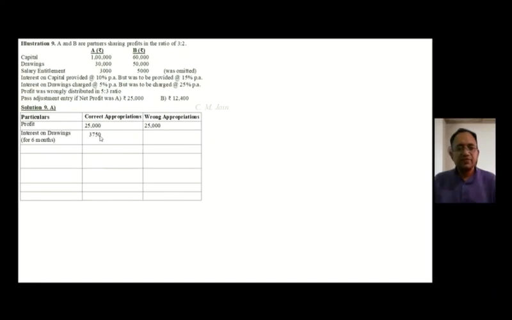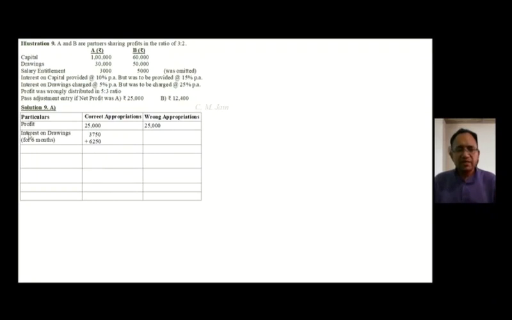Similarly, in case of B, 1/4 of 50,000. So 1/4 will be 12,500, but that will be for the whole year. We want interest for 6 months. So half of 12,500, that is 6,250.